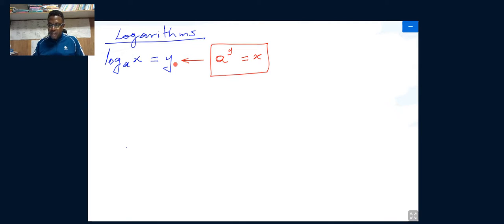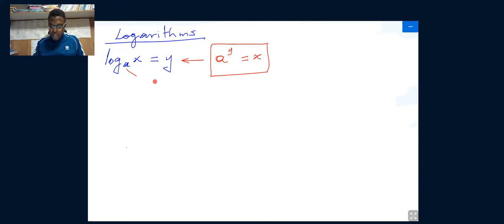What have we done here? We are taking an exponent and making it the subject of the equation. So if you see here, y is an exponent of base a. We make it the subject of the equation, and we take the log of x with a base of a.